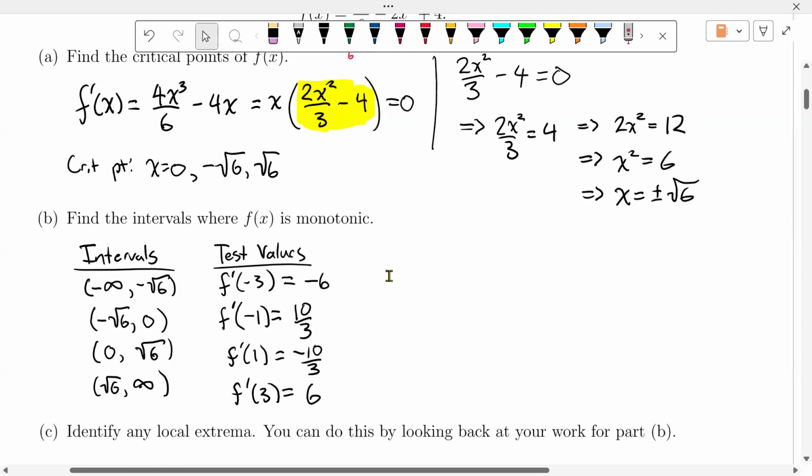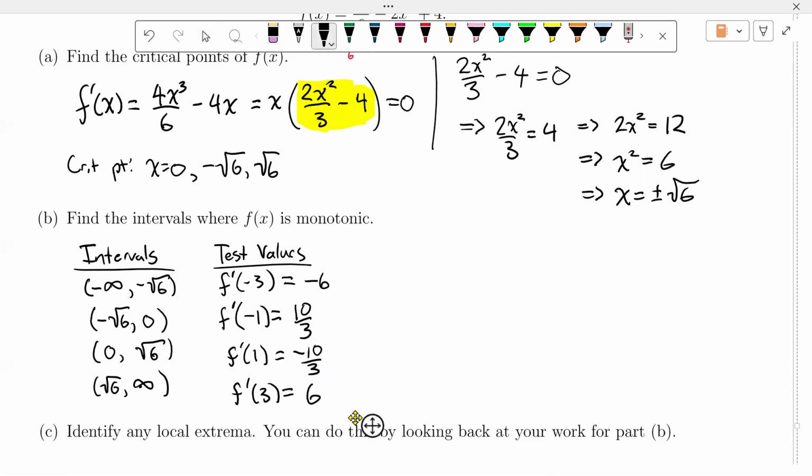And we were about to officially figure out our increasing, decreasing intervals, and I kind of hurried our way through it. We set up our intervals: negative infinity to negative square root of 6, negative square root of 6 to 0, 0 to square root of 6, square root of 6 to infinity, and we plugged different test values within each of these intervals into our first derivative. When we did that here, we got a -6, positive 10/3, negative 10/3, positive 6.